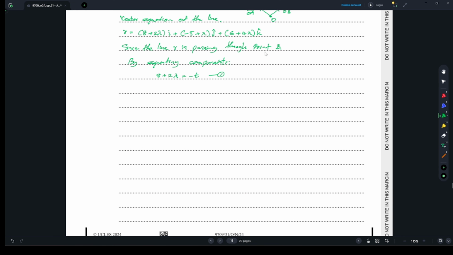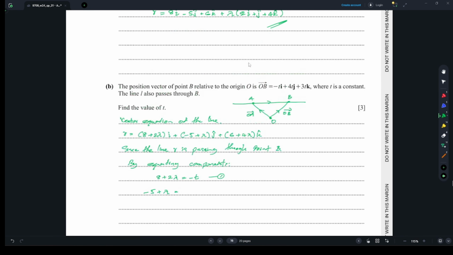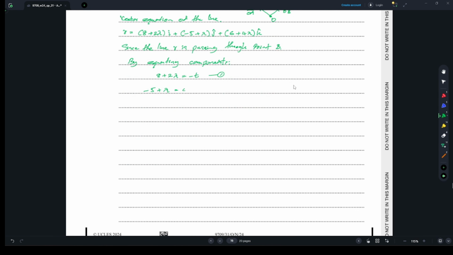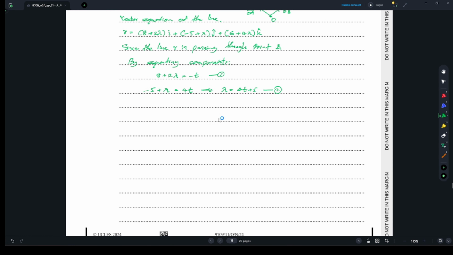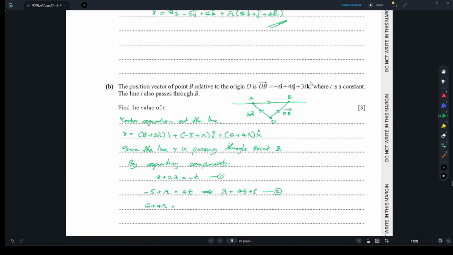Let's take that as 1. The second one, minus 5 plus lambda equals 4t. So I will just take lambda here. So lambda is 4t plus 5. Okay, and then the last one is 6 plus 4 lambda equals 3t.